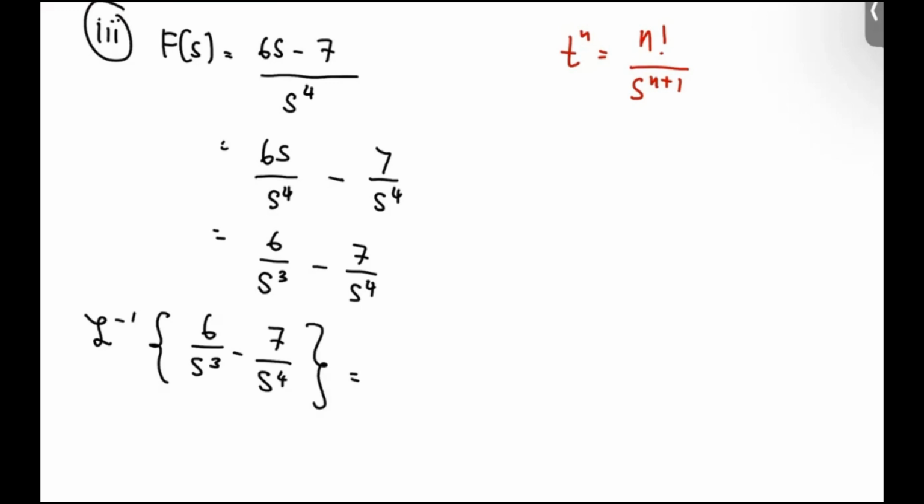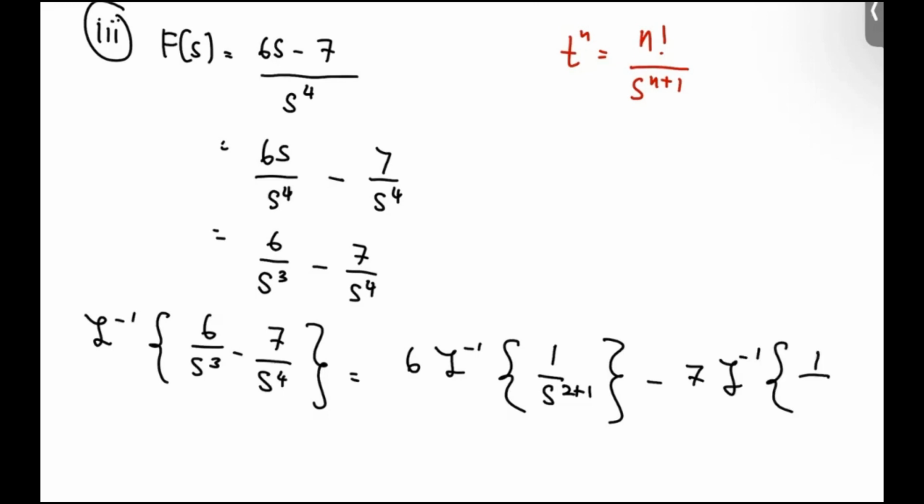By the linear property, you can break this down into two equations. So put 6 outside, inverse Laplace of 1 over s to the power of 2 plus 1, minus, now 7 I can put outside, inverse Laplace of 1 over s to the power of 3 plus 1.